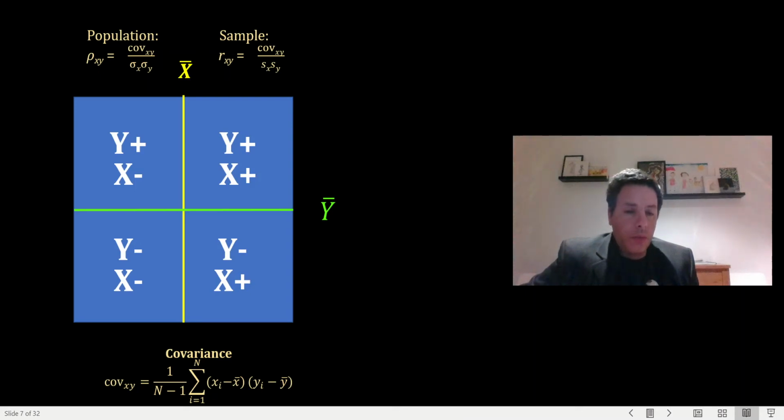So let's assume that the value in x is 60 and the value of y is 55. So in both cases it is a value that is higher than the mean. So it will be a value of 10 for x because 60 minus 50 is 10, and a value of 5 for y because 55 minus 50 is 5.